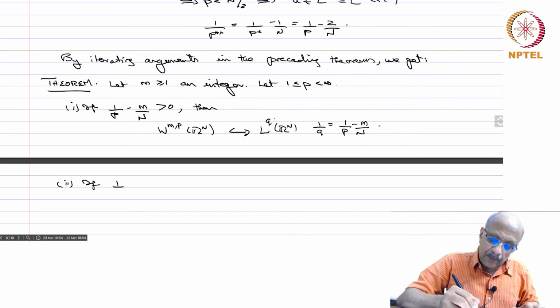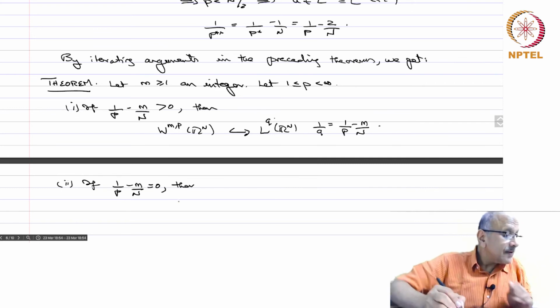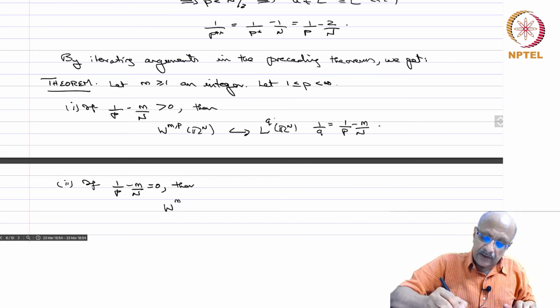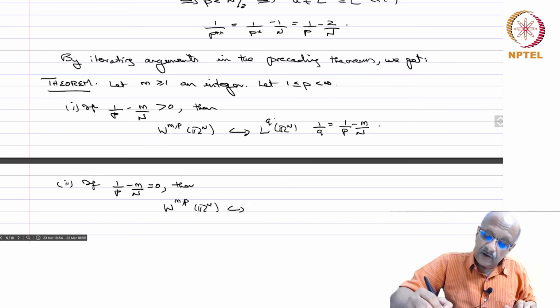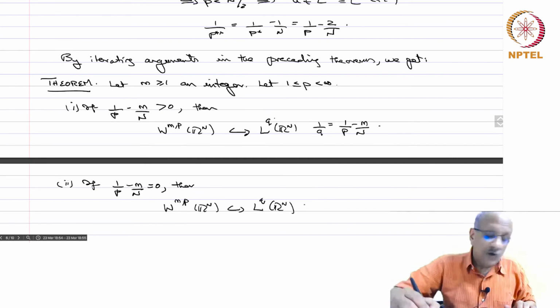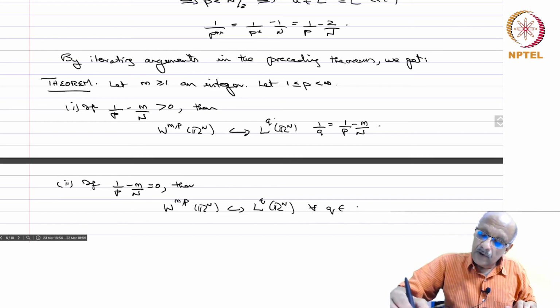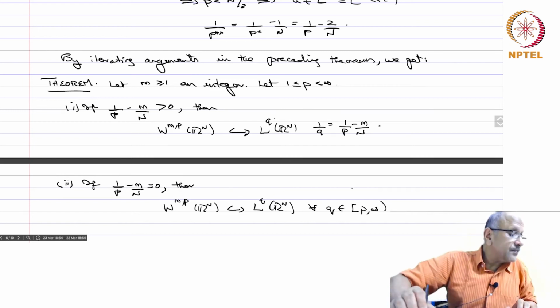If 1/p minus m/n equals 0, then W^{m,p}(Rn) is continuously embedded in L^q(Rn) for all q belonging to [p, infinity), last one excluded.